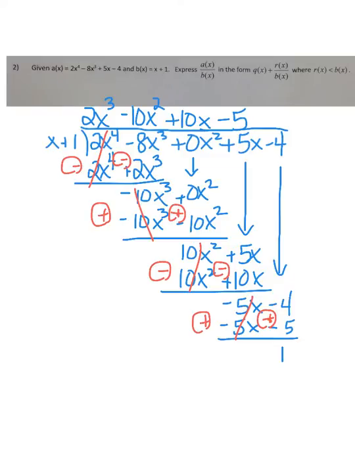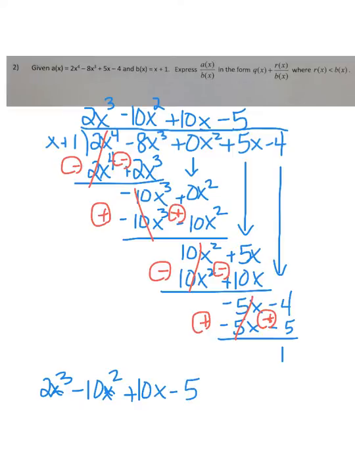So, as our final answer then, we're going to write that it's 2x cubed minus 10x squared. Oh my goodness, I don't know what's happening with my x's. I'm sorry about that. Plus 10x minus 5, and here we go.